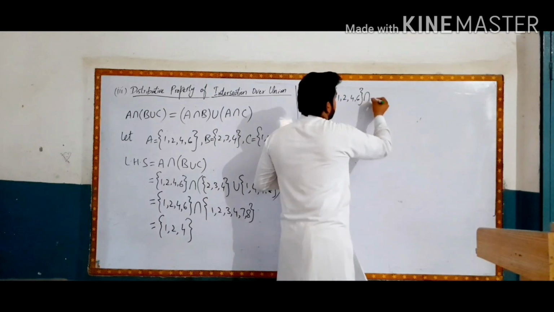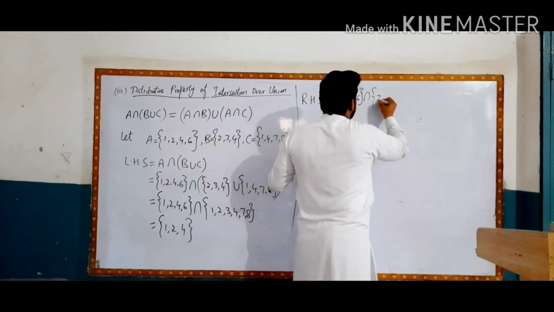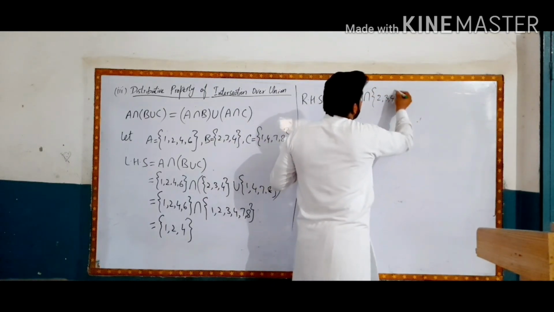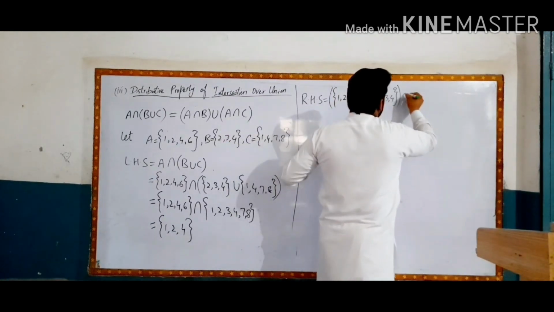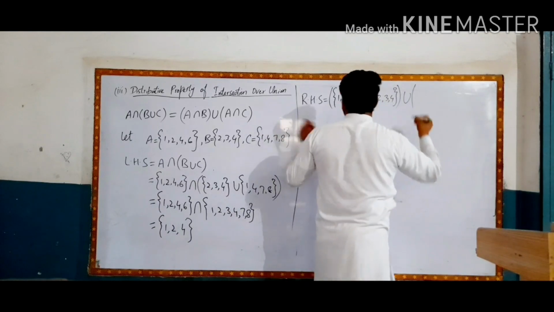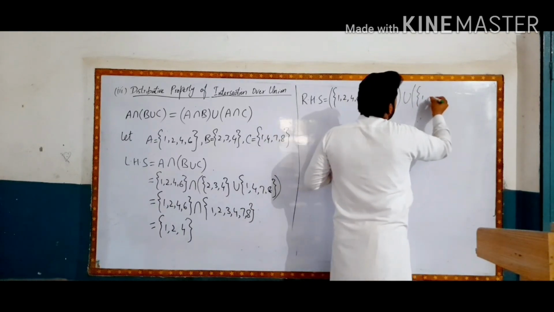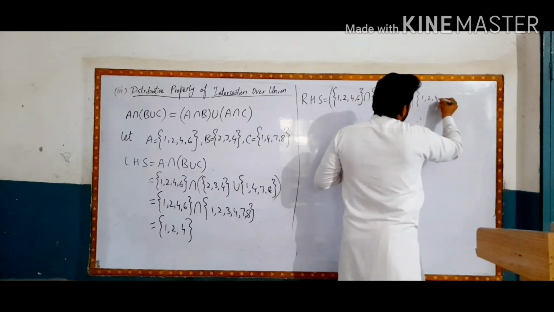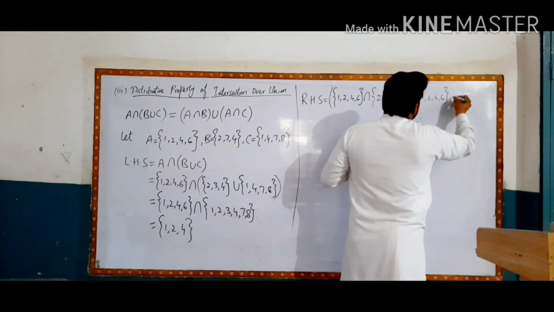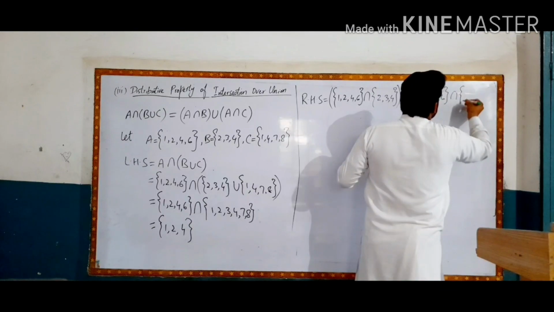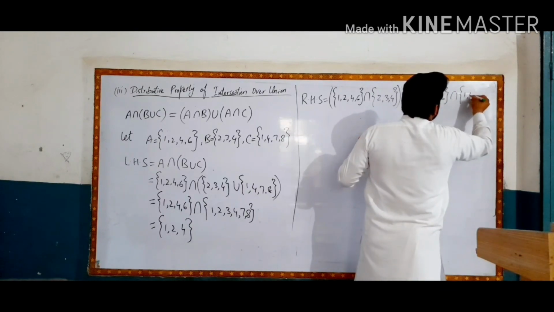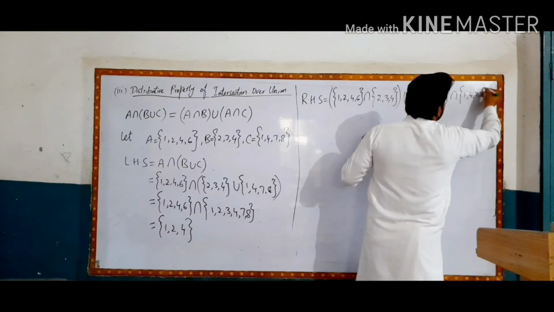Now intersection with B set 2, 3, 4, and have a union of the other two sets. The other two sets are 1, 2, 4, 6, intersection, the C set is 1, 4, 7, 8.